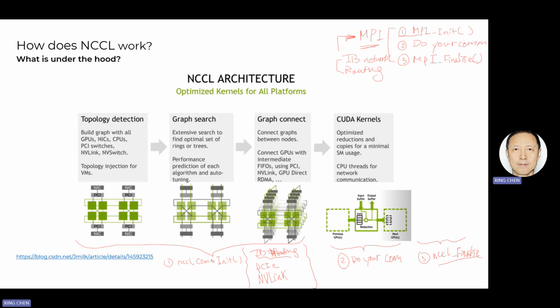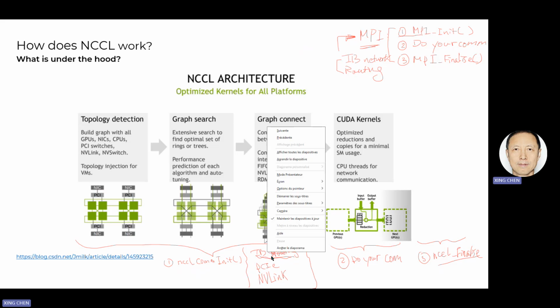That means for NCCL communication, the first step is the initialization part, where you have much more work to do, because to build up this communication infrastructure, you just have one part of the network, which is the InfiniBand, where the routing has been set up.